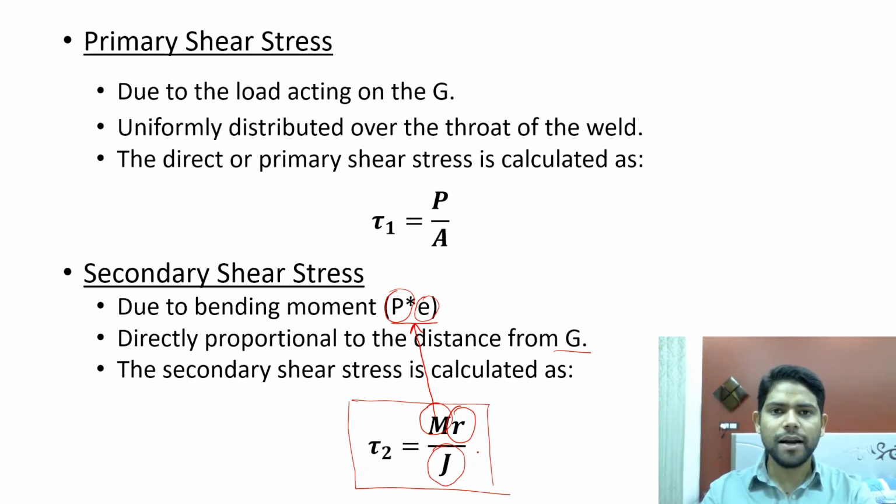It is the combined polar moment of inertia of all the welds about the center of gravity. So this is how you are going to calculate the magnitude of the secondary shear stress. And once you have the primary shear stress and secondary shear stress, you are going to vectorially add them both.